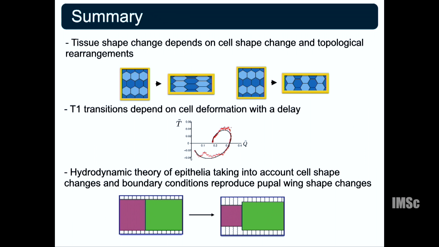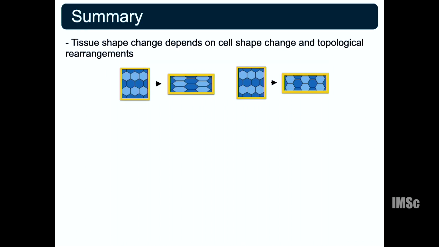And there are boundary conditions, which are connected by these polymers controlled by this protein called dumpy, and combined together, the active stresses and the boundary conditions can account for this overall tissue shape change.